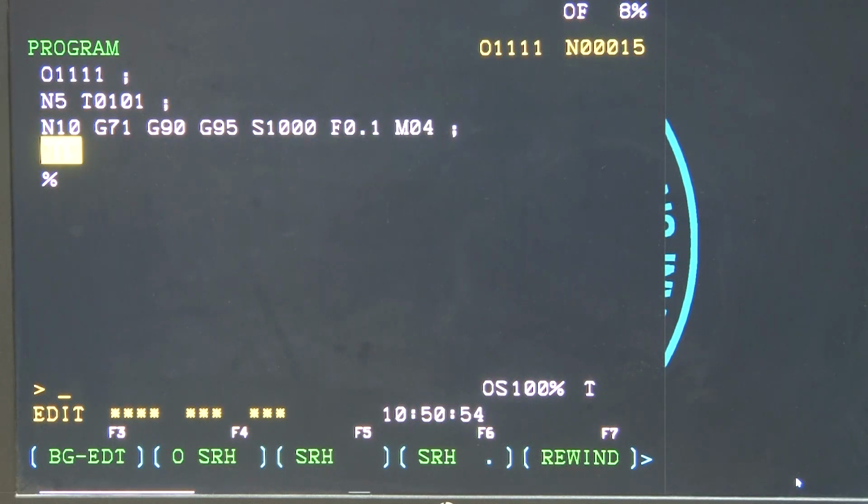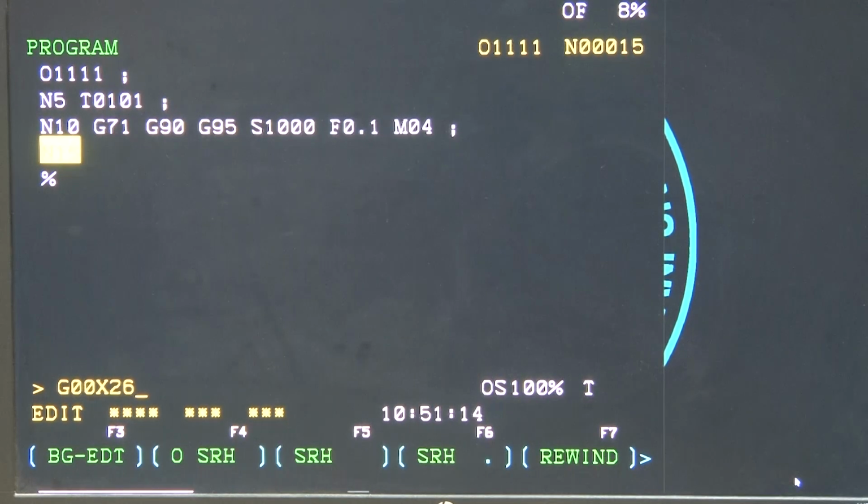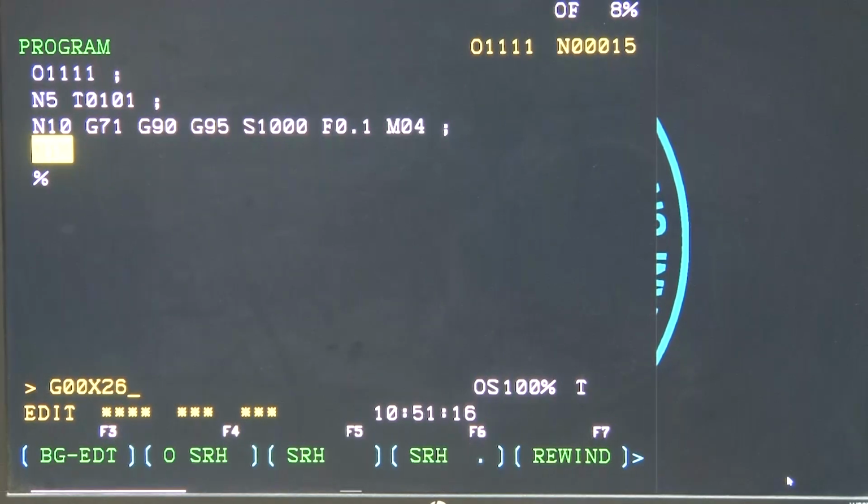First of all, N is the sequence number 10, and the first one was 5. Then we are using the G codes, particularly G71, which stands for working in the metric system. So, we are telling the program and the machine that we will be working in the metric system, and whatever dimensions are given will be in the metric system.